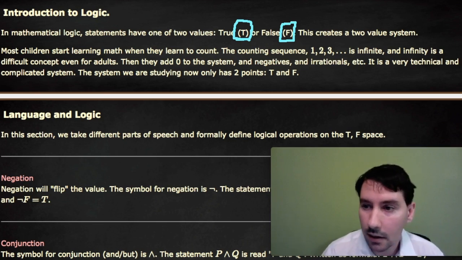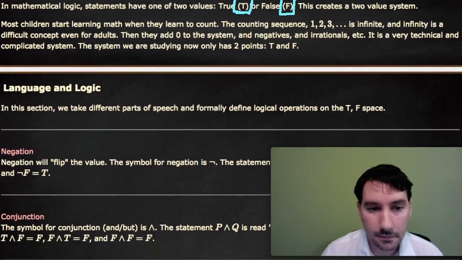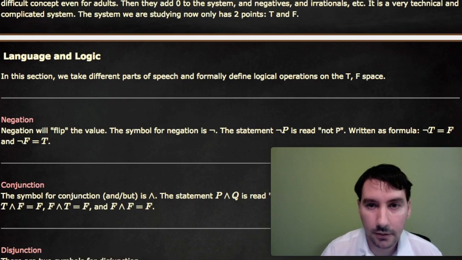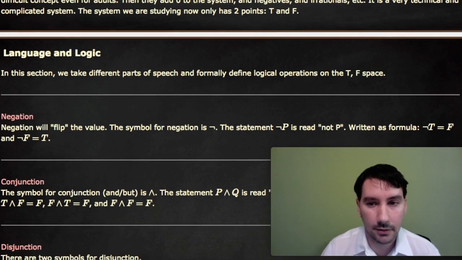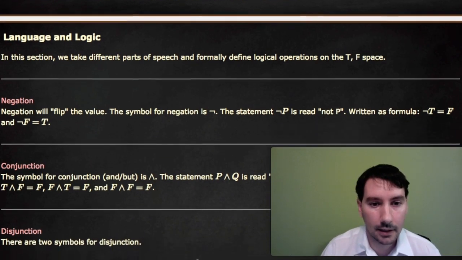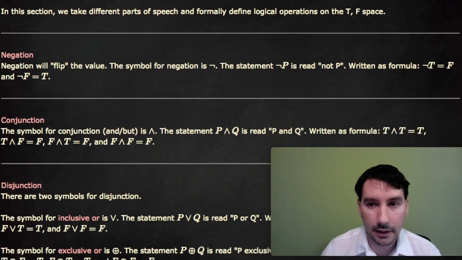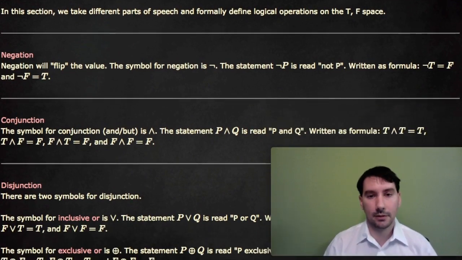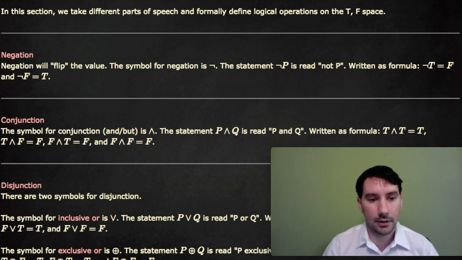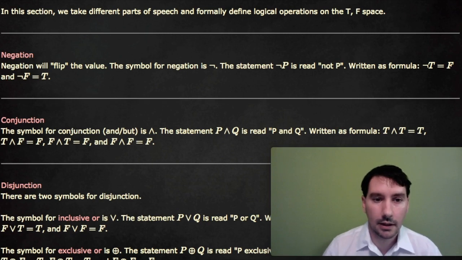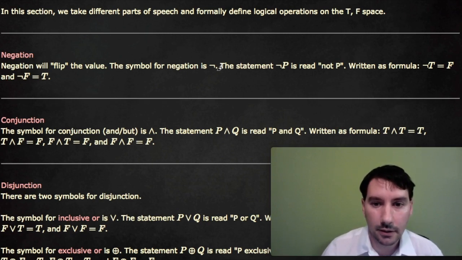So we're going to define some logical operations on this two-point space. First is negation, and if you haven't watched the previous lesson, you should go back and watch the previous lesson to get an idea of what each of these things are, but remember that negation is to say not a statement. And negation flips the value. It's written with this little bar that goes down over here.